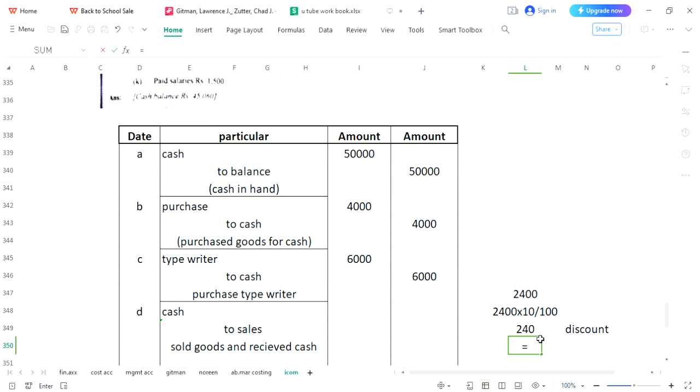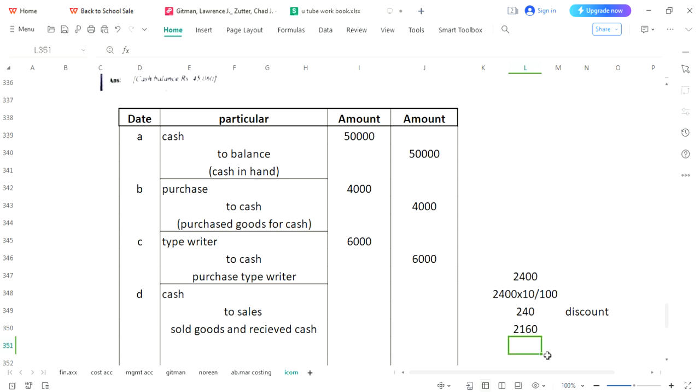So the amount which you will receive would be decreased. How? 2400 was the total amount and you have given 240 as discount. Please note it down. So the amount would be 2160. So here 2160 would be written on the debit side and the same amount you will put on your credit side.